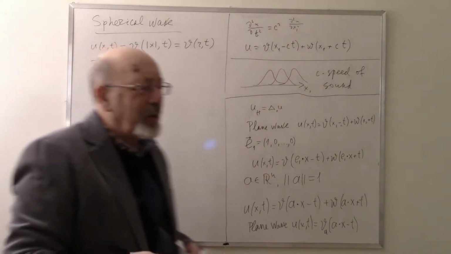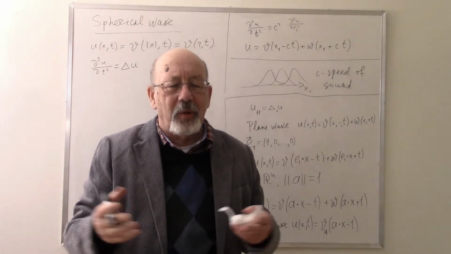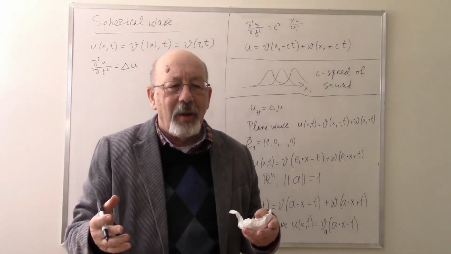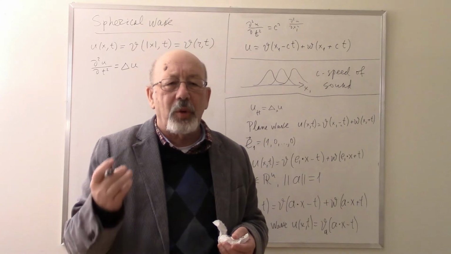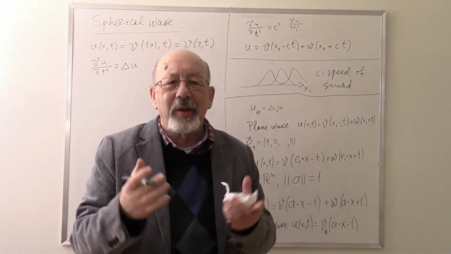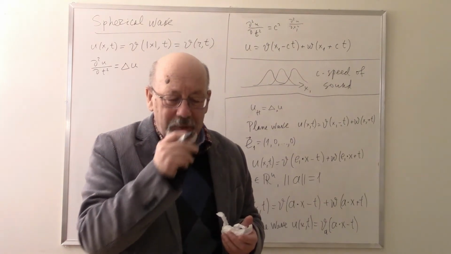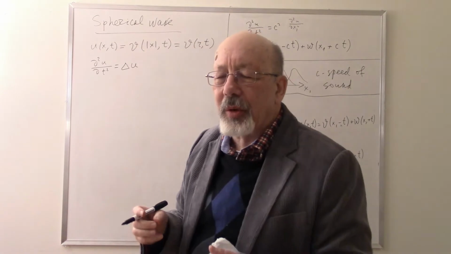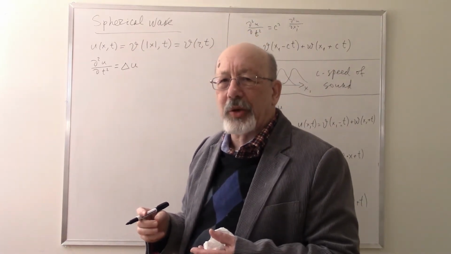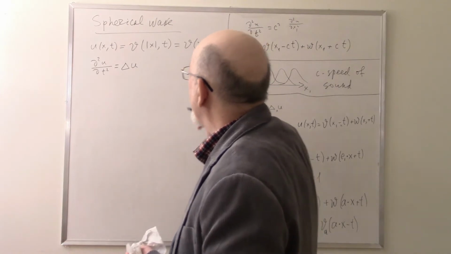Now, if u is such a radial function, which at every t depends only on the radius r, then we have to express this Laplacian for a radial function. In fact, we have already done it when we studied the fundamental solution of the Laplace equation. So let me write the result.